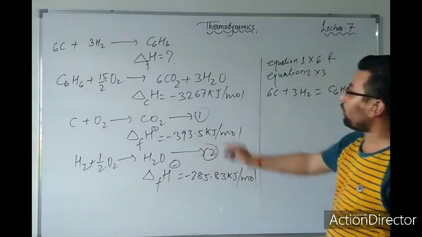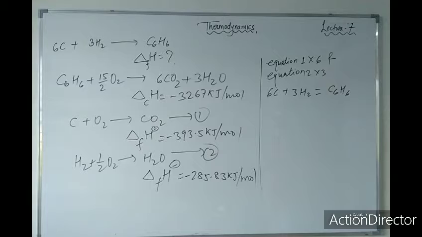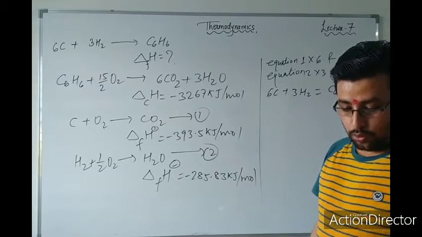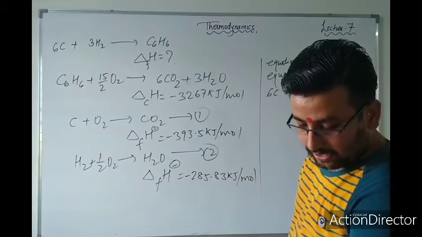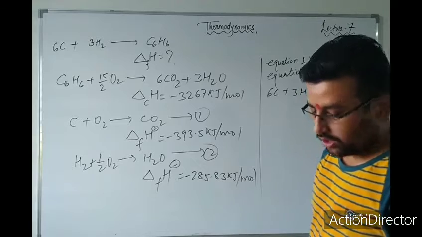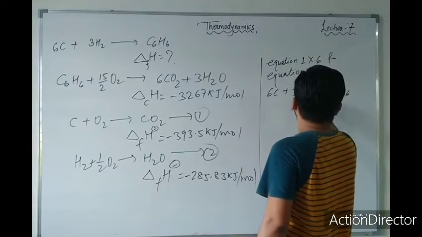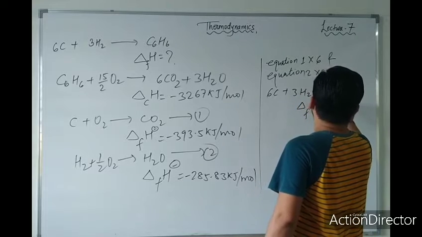And whatever the enthalpy of formation was given for equation first and second, as we have multiplied the first equation by 6 times and the second equation by 3 times, the final answer is minus 2361.